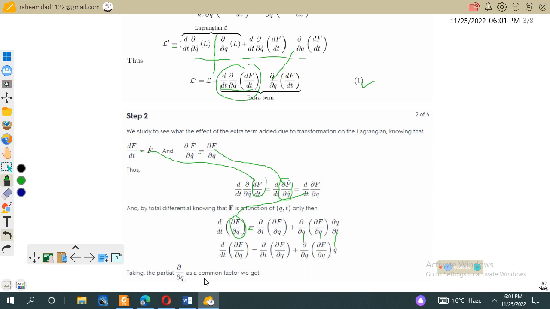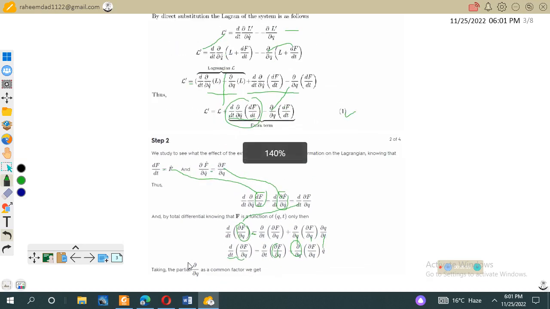Taking partial over partial q as common, since it appears in both terms, we go to the next page.